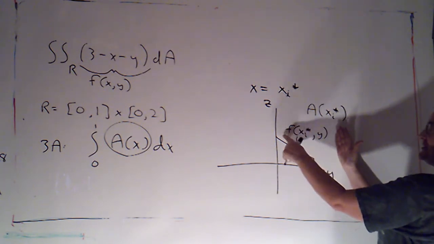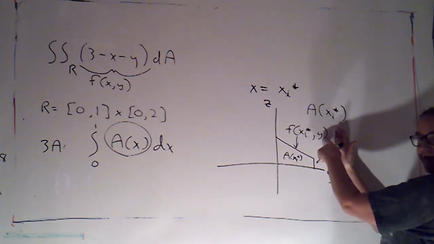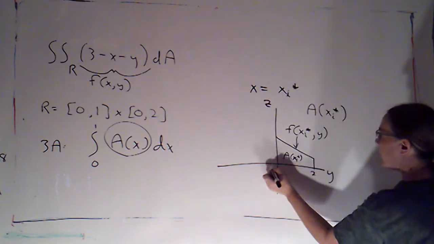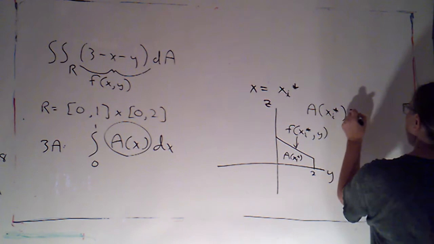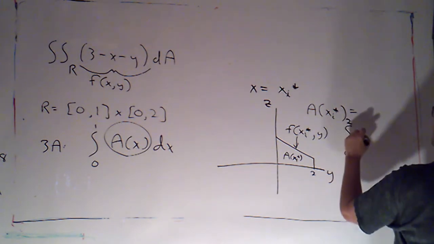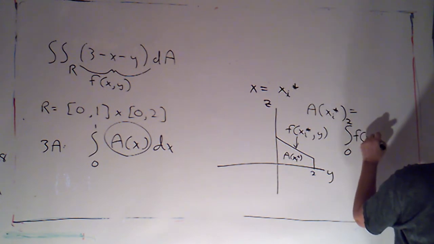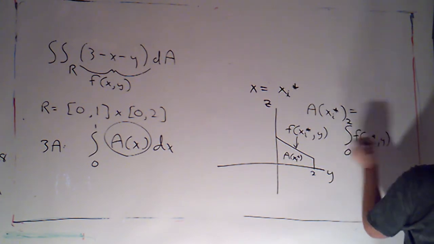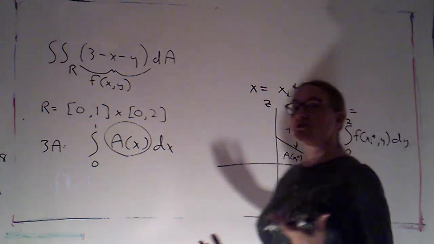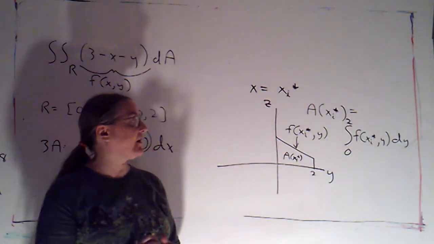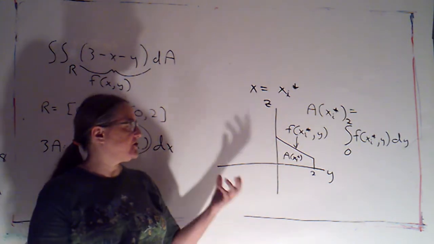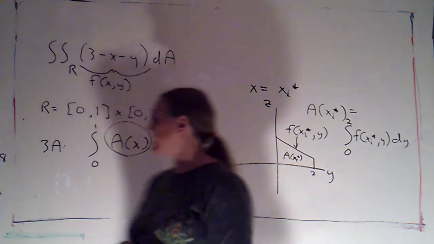Holding x constant, we turned it into a function of one variable, and we were getting this line. y was going from 0 to 2. I could say this is the integral from 0 to 2 of f of xi star comma y dy. I can actually calculate cross-sectional areas as an integral rather than just using a formula from geometry.